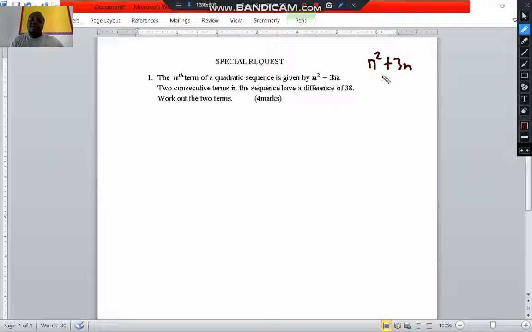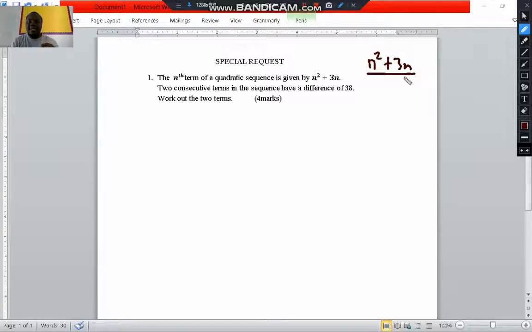Let me start by saying this is the formula that is given for whatever term. So this is the formula for a general term that we don't know. If there is a term that should follow this term, n squared plus 3n, that term should increase its position by 1.